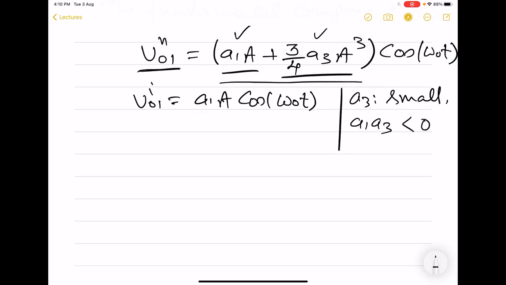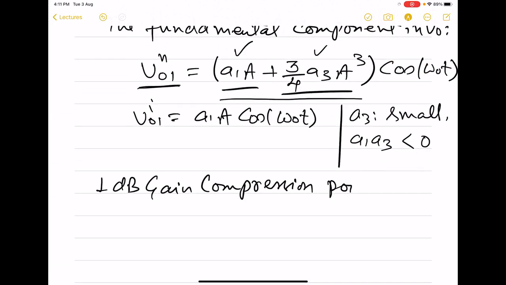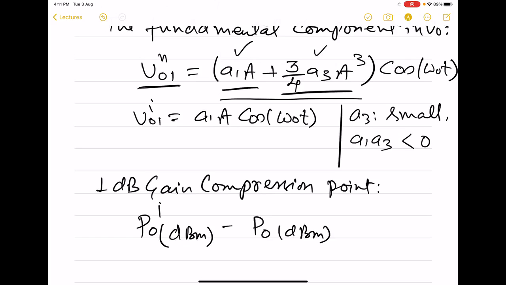So this phenomena is characterized by a parameter called 1 dB gain compression point, and by definition it means the output power, say in dBm, for the ideal case minus the output power also in dBm for the nonlinear case is equal to 1 dB.